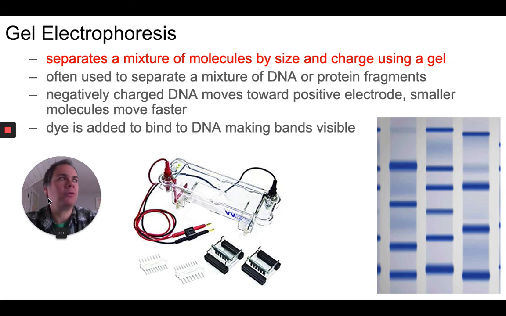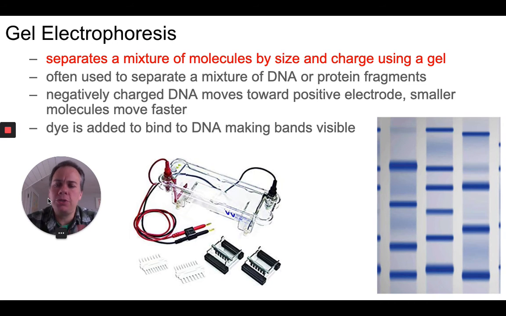And this is used, if you've ever heard of DNA fingerprinting or DNA profiling, if you watch any crime shows, things like that. Gel electrophoresis is used to produce some of those DNA profiles. And what you do basically is you take a sample of DNA, you add to it a restriction enzyme, which, if you remember, cuts the DNA up in certain sequences.